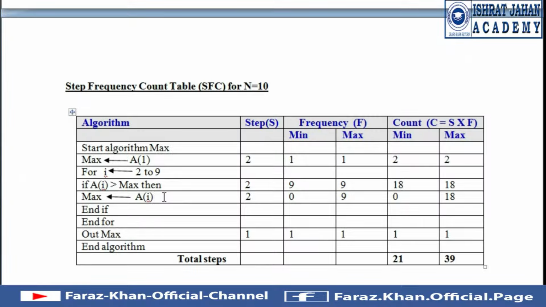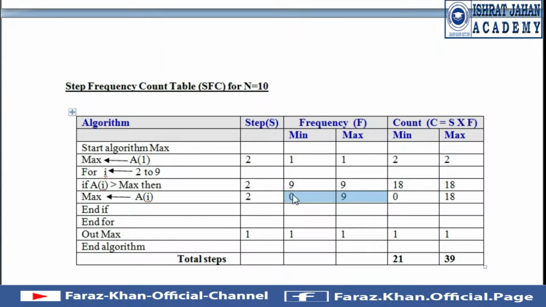Now, after comparing all the values, I just have to assign. Now I have compared, so in this step, when it finds the value, it will assign the value. In the minimum case I will take it as 0, and in maximum obviously it will take 9 steps.